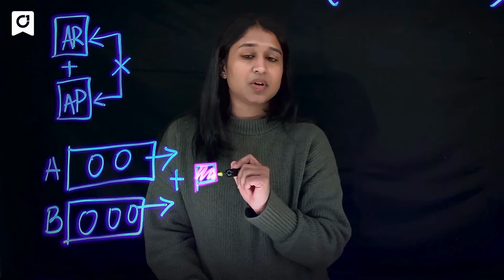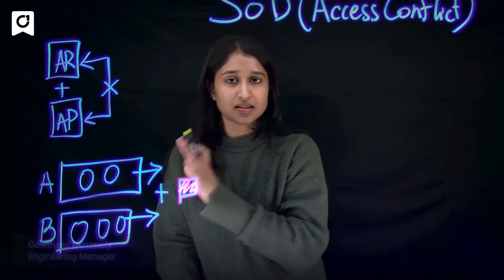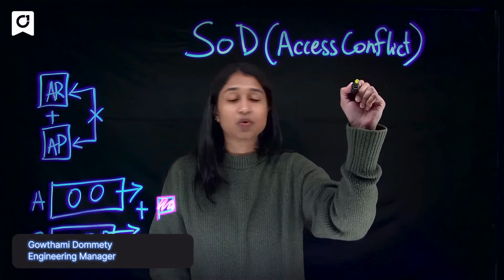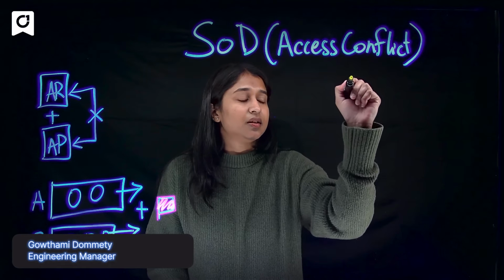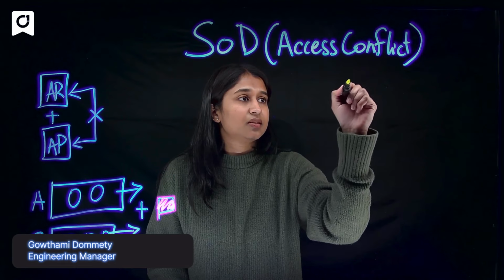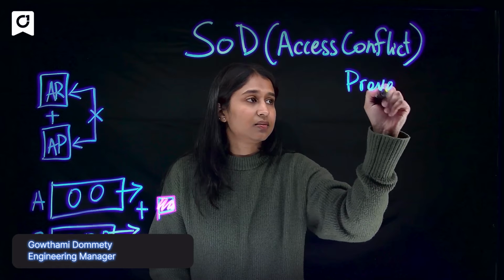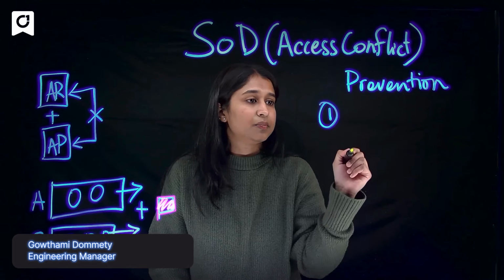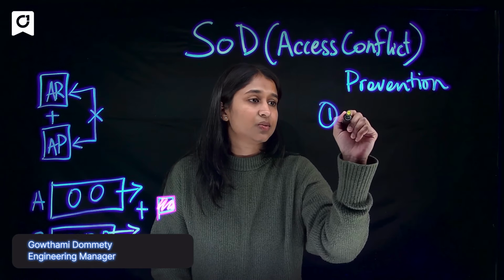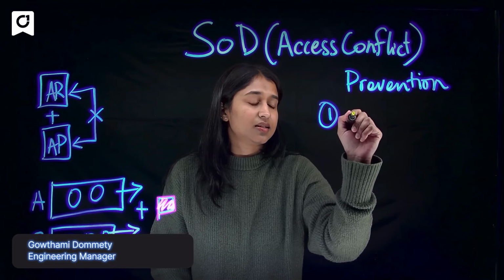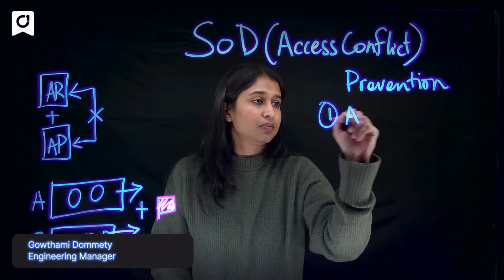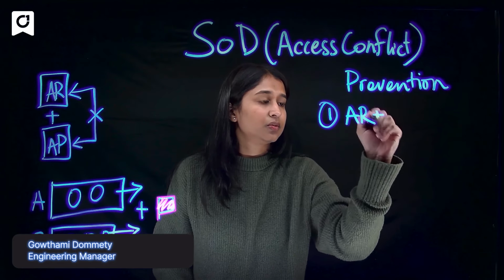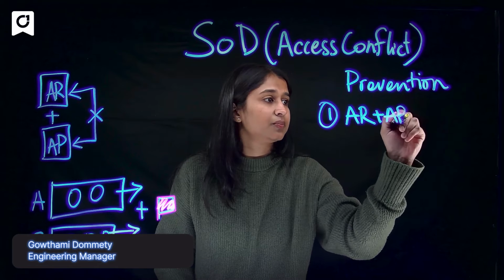Also, using ConductorOne, we can prevent access conflicts from happening before they result in a violation. There are a couple of ways to do this. The first way is through our task details page. Let's say a user has accounts receivable and requests accounts payable.